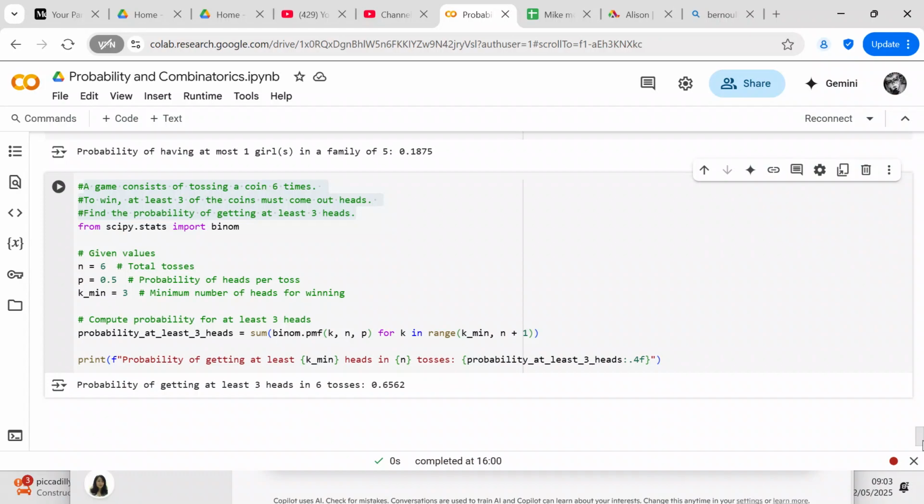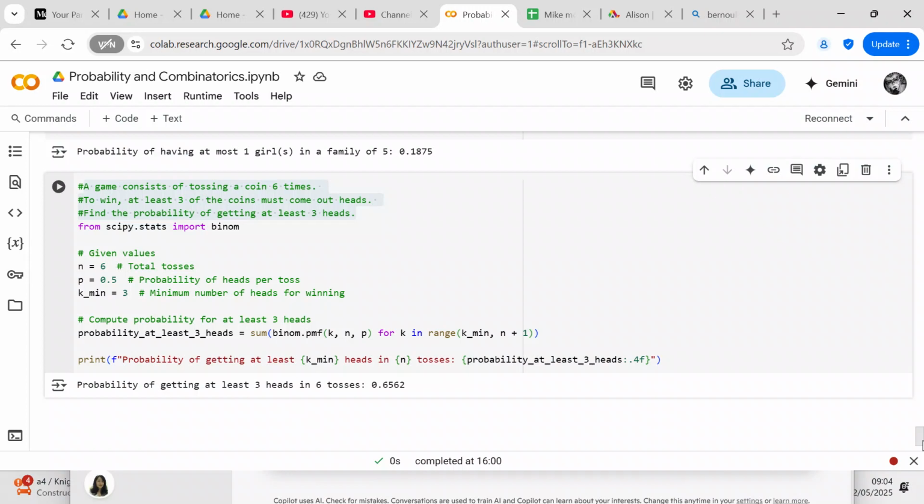And then we're going to define the variables. The total tosses is n equals 6. Probability of heads per toss is p equals 0.5, and minimum number of heads for winning, k_min equals 3.